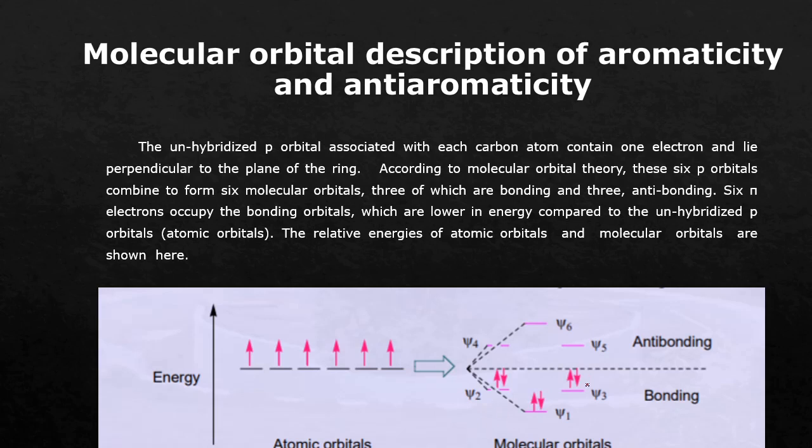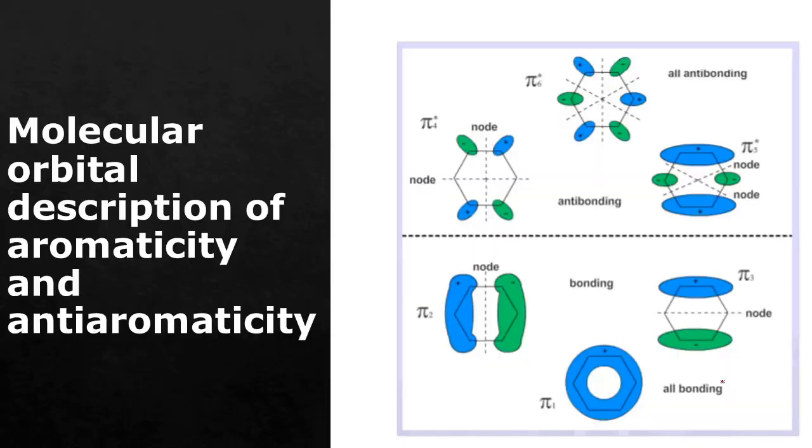Okay, so this is your bonding molecular orbital, and these are lower in energy compared to the unhybridized p orbitals, that is atomic orbitals. The relative energies of the atomic orbitals and molecular orbitals are shown here. So you can understand that if there are any orbitals in a molecule that are not involved in hybridization, they remain in this place as non-bonding orbitals. Okay, so that we need to understand.